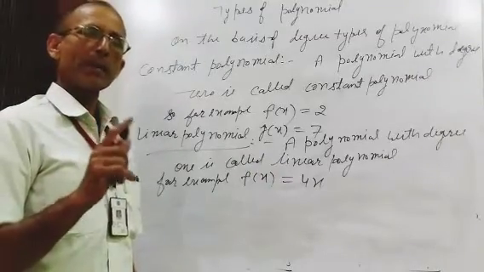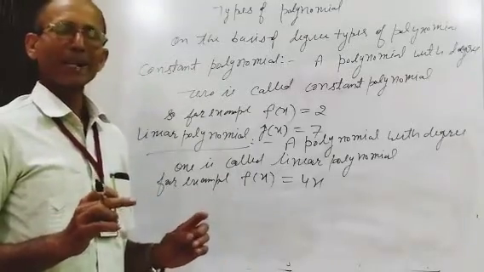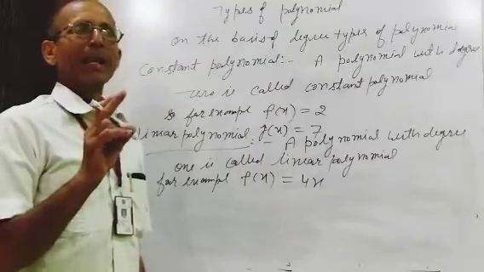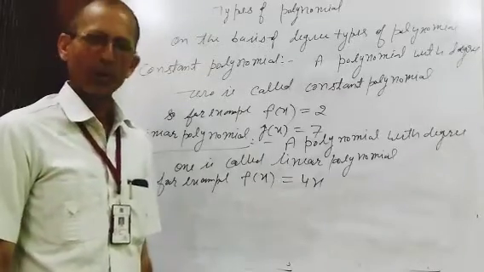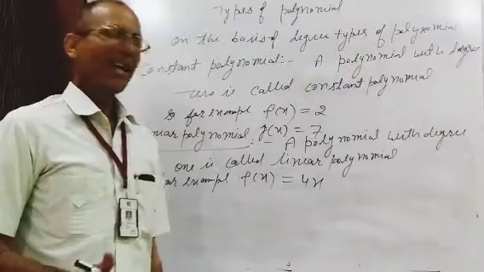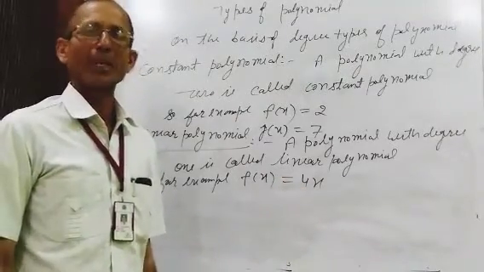A linear polynomial may be a monomial or a binomial. You already know monomial: an algebraic expression which has only one term. Binomial: an algebraic expression which has only two terms.